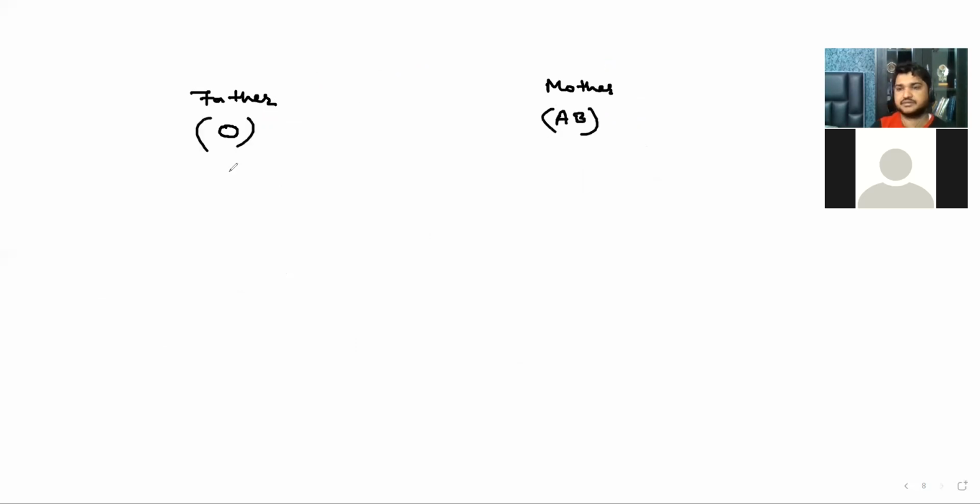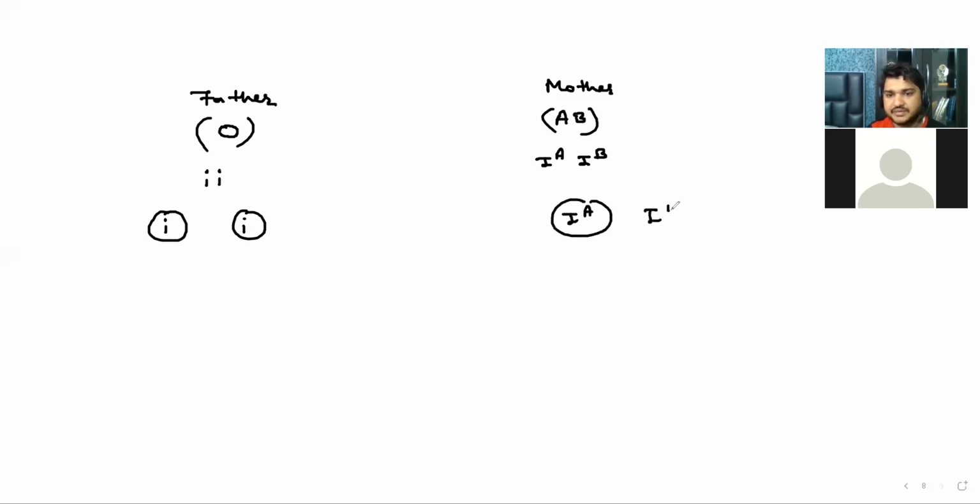It would be A and B. If father is O, it means small i, and mother is AB, so I write IA and IB. They are going to produce gametes, law of segregation. So IA and IB.